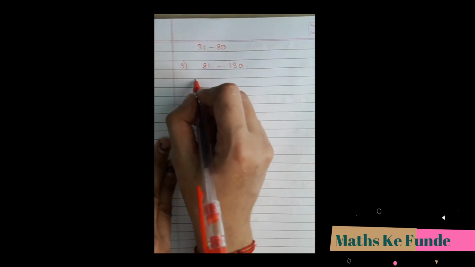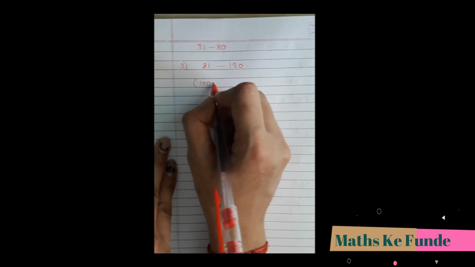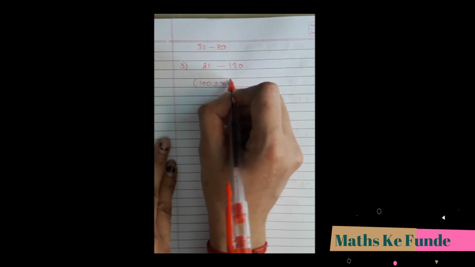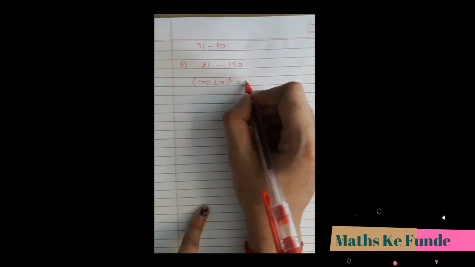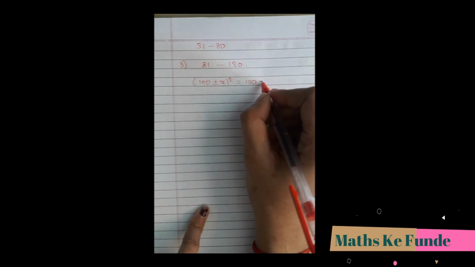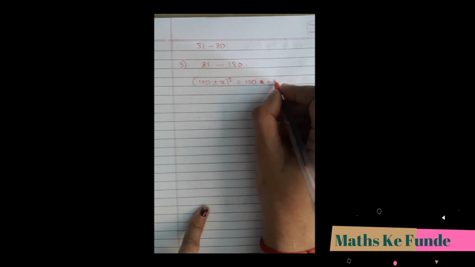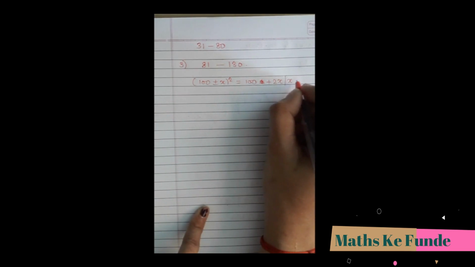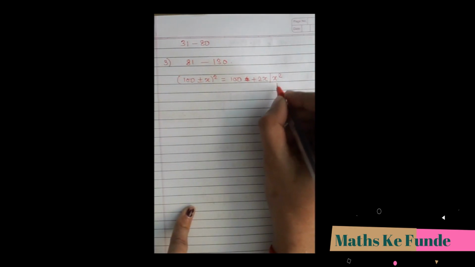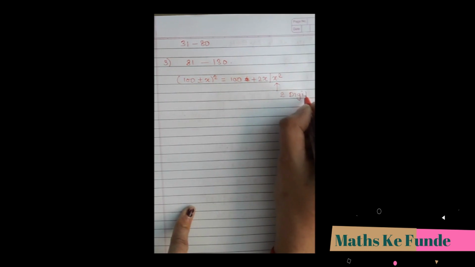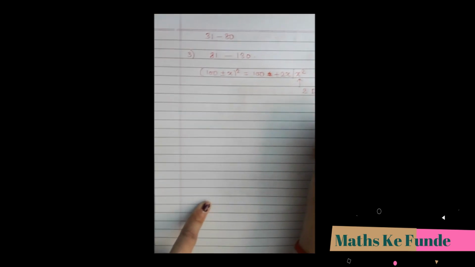The formula is 100 plus minus x, the whole square, is equal to 100 plus minus 2x, slash, x square. Again the rules remain the same: this x square should be a 2-digit answer. So let's take an example.